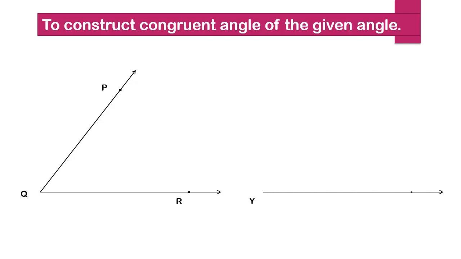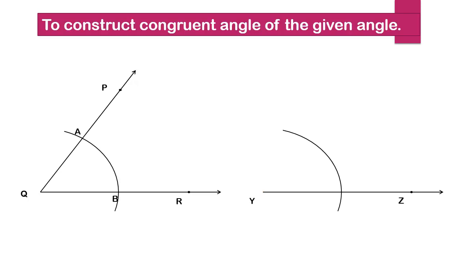Now, to construct a congruent angle of the given angle, let us draw an angle PQR of any measurement. We'll draw a ray YZ. Now, from the point Q, we make an arc on both sides, keeping the same arc measurement. From the point Y, again we draw an arc. Okay, so we should not change the measurement.